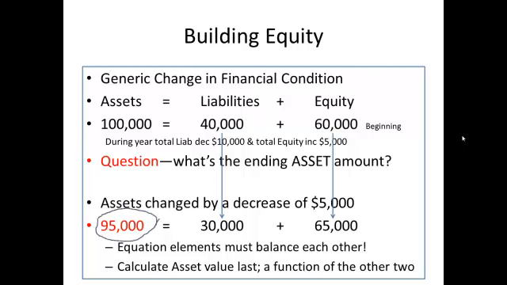We can see that it can be arrived at by two ways. One, just by bringing in the ending position of liabilities from 40, a decrease of 10 down to 30 at year end. Equity beginning of 60, increase of 5 up to $65,000, and then simply balance the equation. 65 plus 30 on the right equals $95,000 of assets on the left.